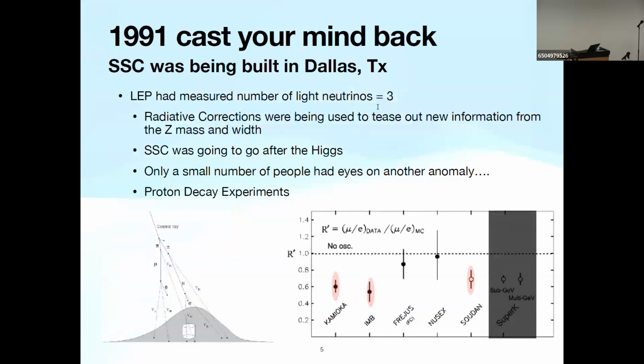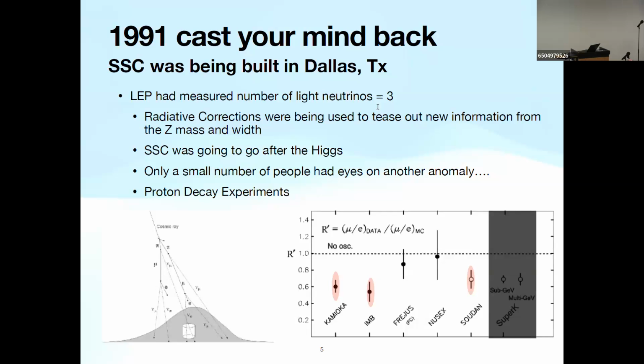Going back to the previous talk, cast your mind back to 1991. The SSC was actually being built at this time in Dallas. LEP turned on in 1989, and LEP had measured the number of light neutrinos to be 3. The radiative corrections industry had really taken off, and they were starting to use those calculations to tease out new information from the Z mass and width, such as the top mass and the Higgs mass, potentially.